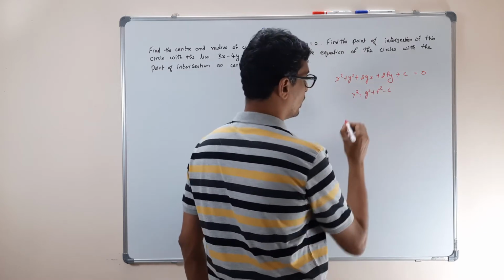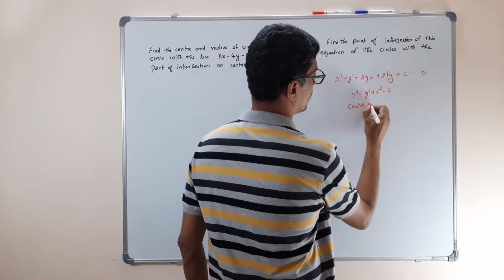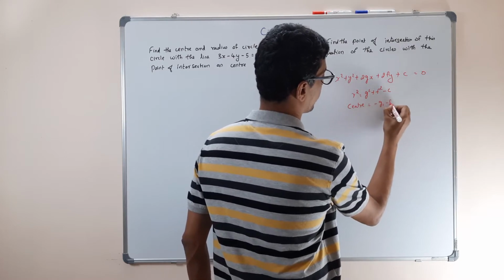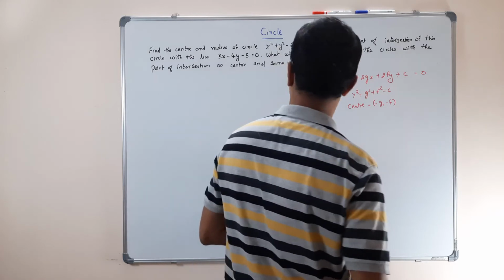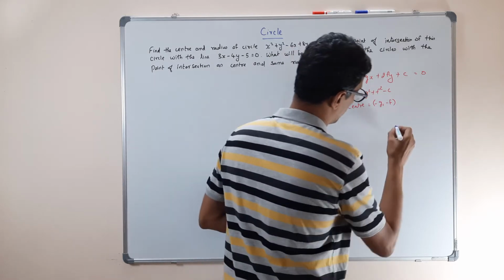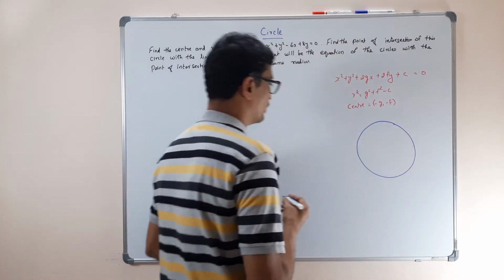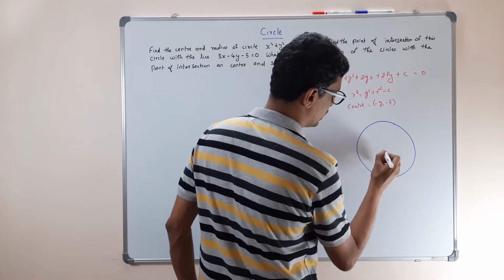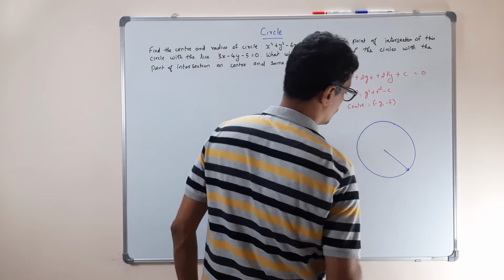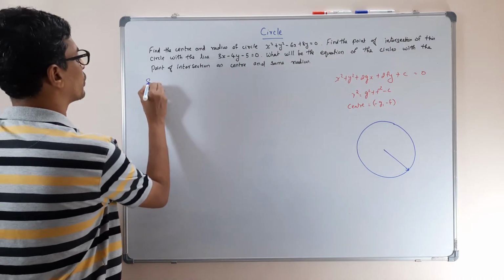And the center will be minus g, minus f. So what they have given is a circle, and the equation of the circle is given. First we want to find out the center and the radius, correct? So all you have to do is write it in the general form. So, solution.